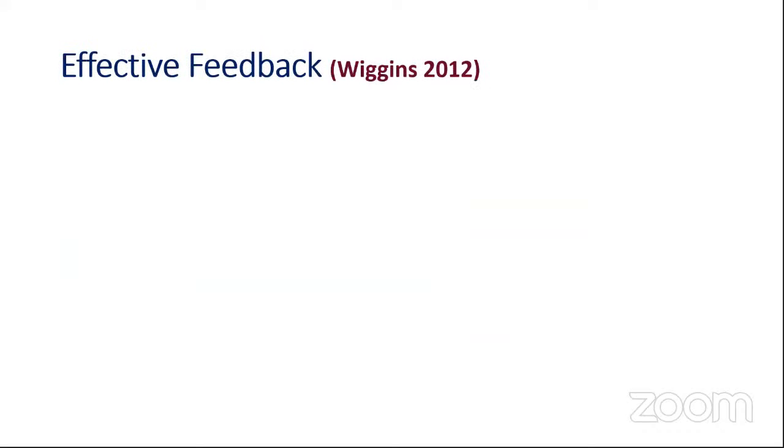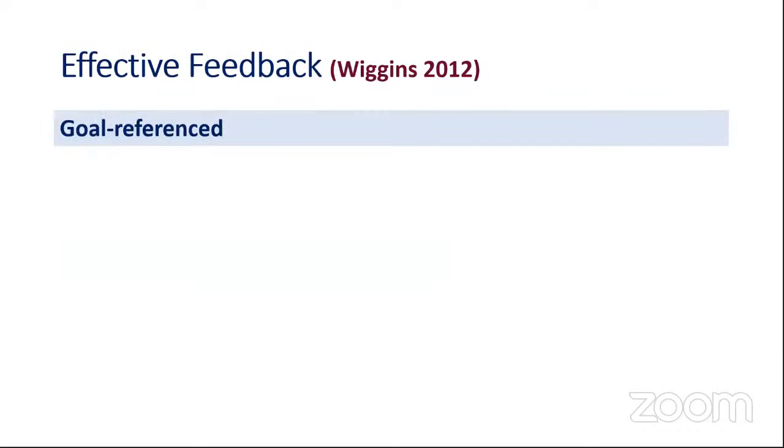To keep feedback effective according to Wiggins, we need to keep the feedback goal referenced. We should have learning outcomes from the very beginning, which are clear for students, which meet their needs, which meet their learning styles, which are related or suitable to their backgrounds and interests.